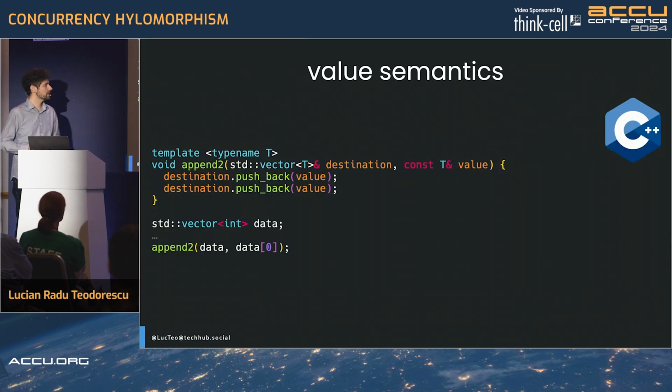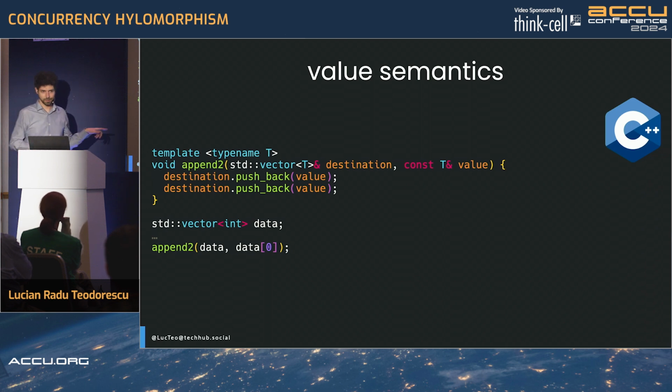C++ first. So we have this append2 function that takes a destination vector and a value and tries to do a double push_back into that vector, right? Looks like a regular function. No surprises in there. But what happens if I'm calling this function with an element from the vector itself?